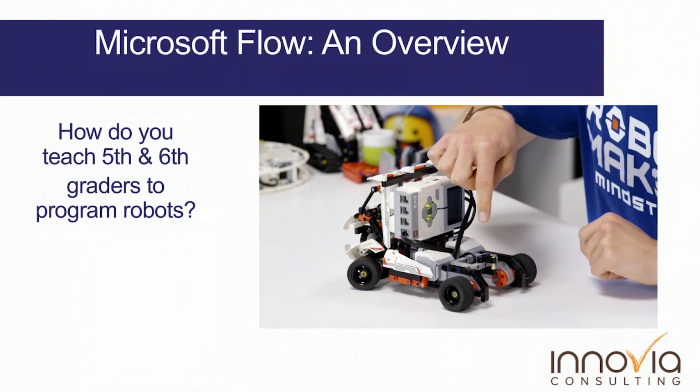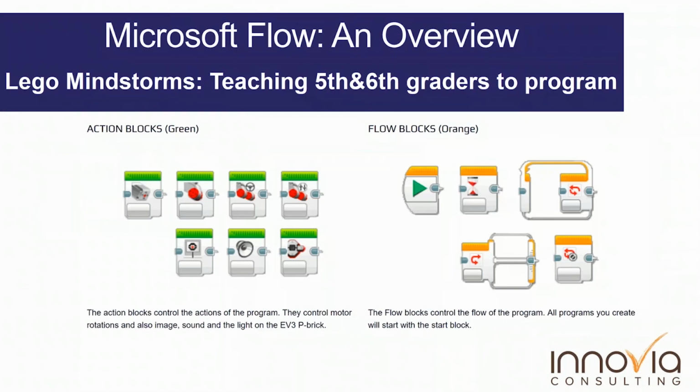When we teach young people how to build their robots, it uses a very similar building block. There are action blocks that control the program. If I push the lever for the controller, go forward. If I pull it back, go backwards.